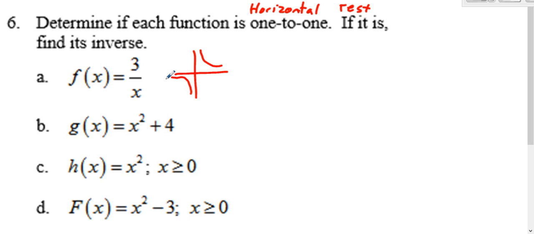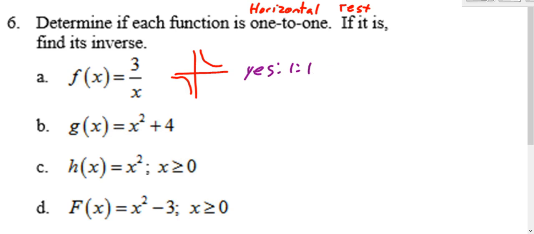No matter how you draw a horizontal line, it never touches it twice. So yes, it's 1 to 1.